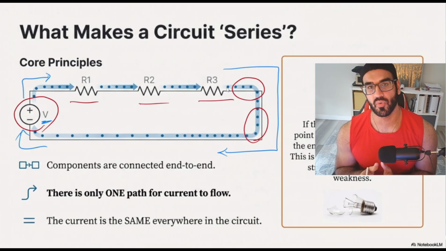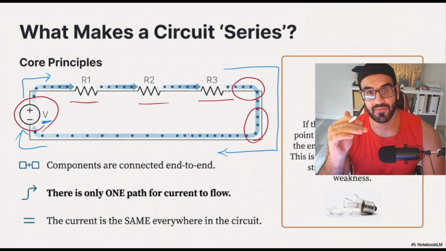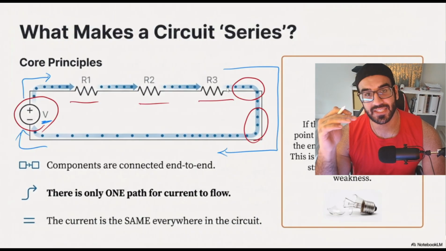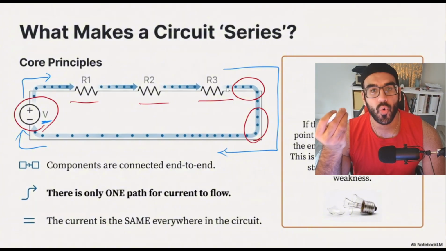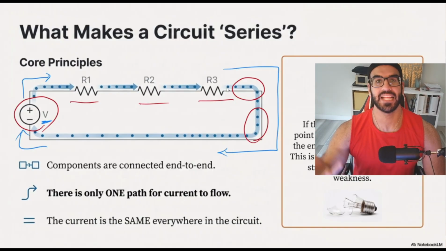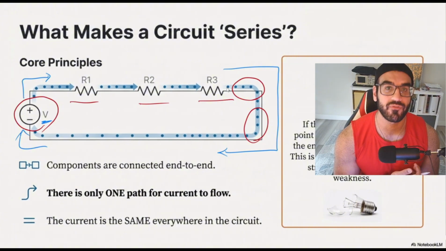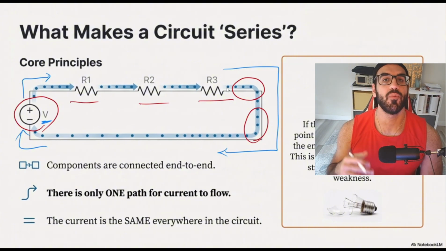Another thing that we know right now is that the current, or the flow of electrons, is the same as the one that you have for a voltage source. It is going to be the same in your R3, R2, and R1. Or in simple terms, we can say the current that comes out from the flow of electrons is going to be the same for both of them.